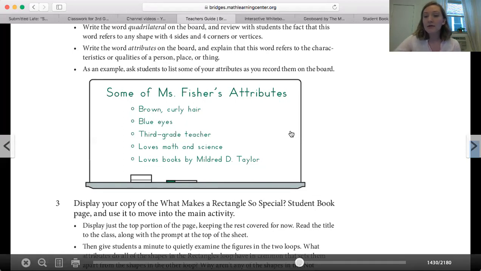Here are some attributes of something else. I have here an Easter egg. That's a little Easter egg ornament. So let's look at this, and why don't you tell the person next to you, what are some attributes of this egg? Maybe you're saying it's blue.